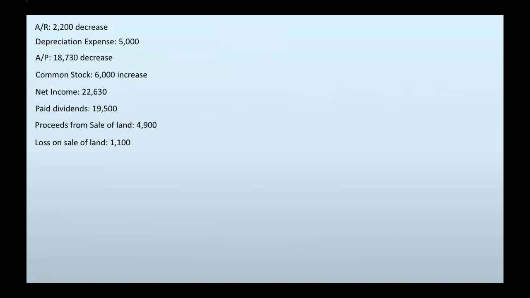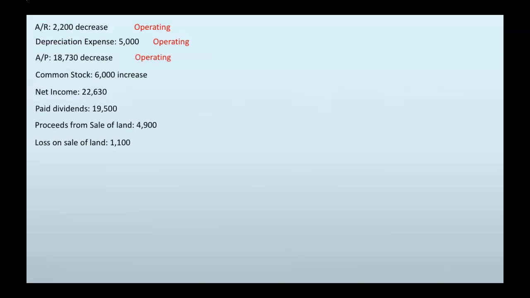So now we have all of our pieces that we're going to be putting into our statement of cash flows. We need to figure out, is it an operating, investing, or financing? Right? So accounts receivable, a change in current assets, that's an operating activity. Depreciation expense, that's a non-cash expense. Non-cash expenses go into the operating activity portion. Accounts payable decreased, that's a change in current liabilities. So your changes in current liabilities are in operating.